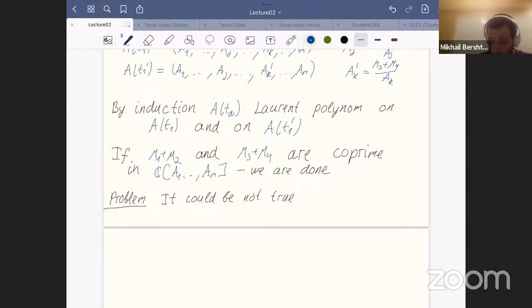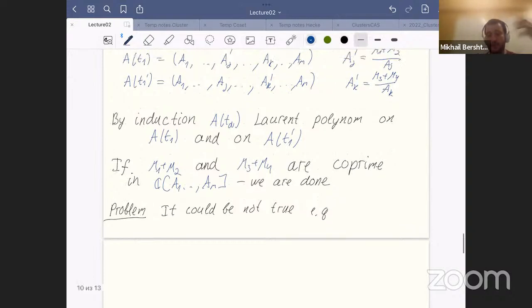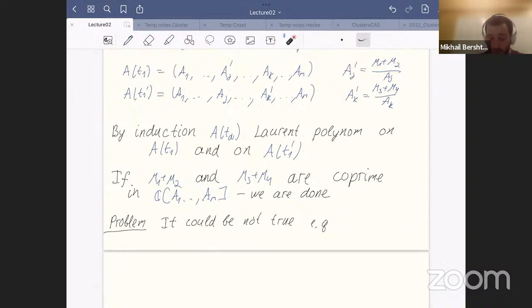For example, it could be that these vertices, you see, M1 plus M2: the first monomial is responsible for the G's row of the matrix B, and the second for the K's row of the matrix B. It could be that these rows, for example, coincide. So it means that M1 plus M2 is just equal to M3 plus M4. So we have two vertices which have the same adjacency, so these polynomials coincide.